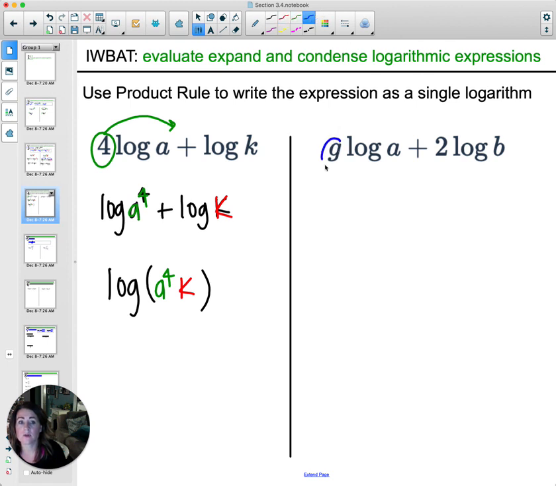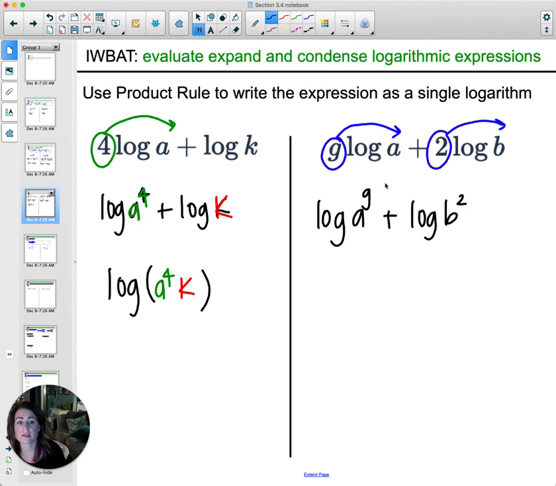In this next one, this g out front is the exponent, so we're going to bring that up. We're also going to bring this 2 up using power rule. So you will have log base 10 of a to the g power plus log base 10 of b to the second power.